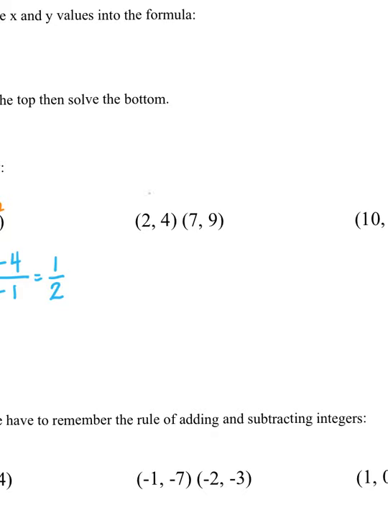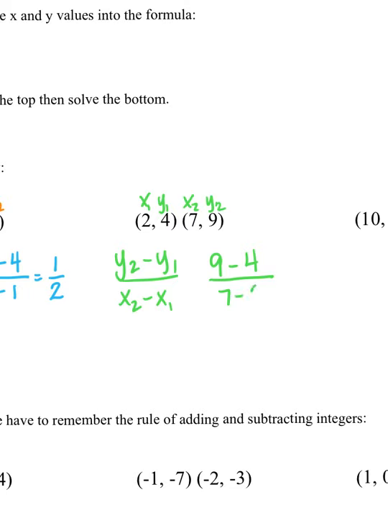Let's look at this one. X1, Y1, X2, Y2. Plugging into our formula. I always write the formula again, Y2 minus Y1 over X2 minus X1. And when we plug it in, we get 9 minus 4 over 7 minus 2, which is 5 over 5. And we can reduce that. 5 divided by 5 is 1.